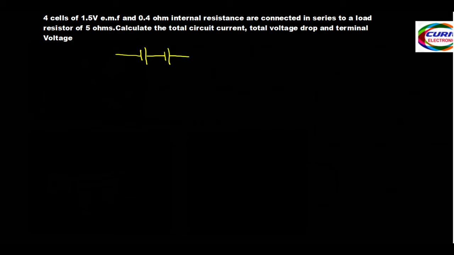So we have 4 cells, the third cell, the fourth cell. All are 1.5 volt. Internal resistance equals N multiplied by R. What is the N here?